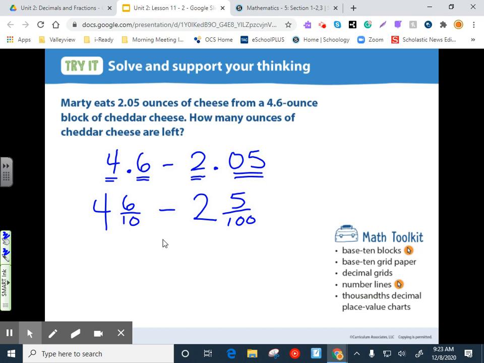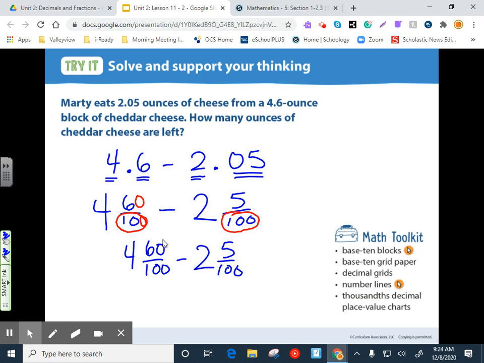So to subtract these numbers, we need our denominator, our bottom number of the fraction, to be the same, which means we're going to have to change one of these to make them the same. The easiest way to do that is to make this one on the left bigger. So change this to 60 hundredths. Add zeros to top and bottom. So that gives us 4 and 60 hundredths minus 2 and 5 hundredths.